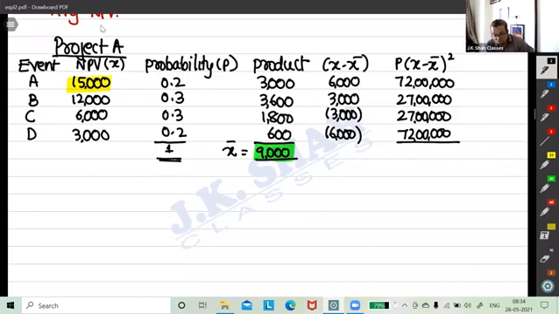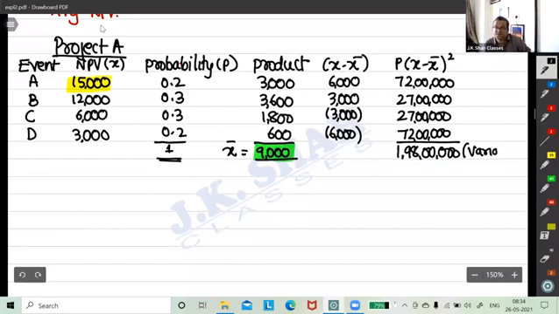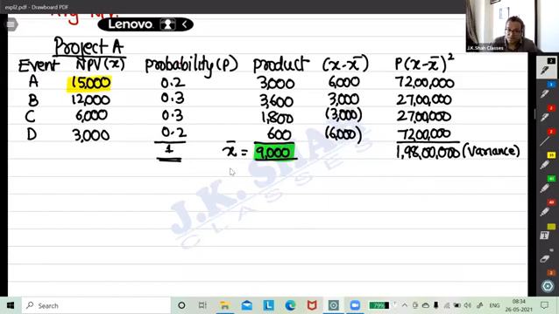So this total is 1 crore 98 lakh. This is variance, right, people?